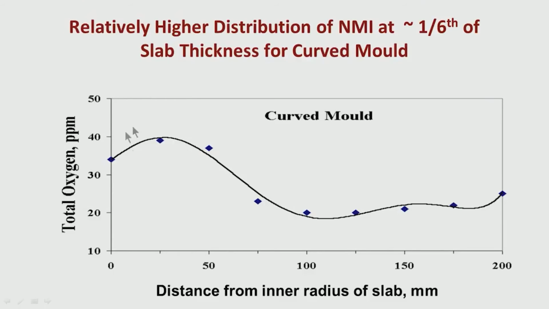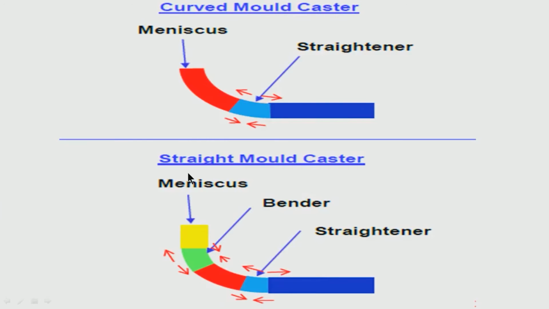We should not be surprised by these results because it is expected. When you have a curved mold, there is a possibility of some inclusions getting more entrapped. In the straight mold, inclusions get more or less uniformly entrapped, because the solid surface is increasing this way.